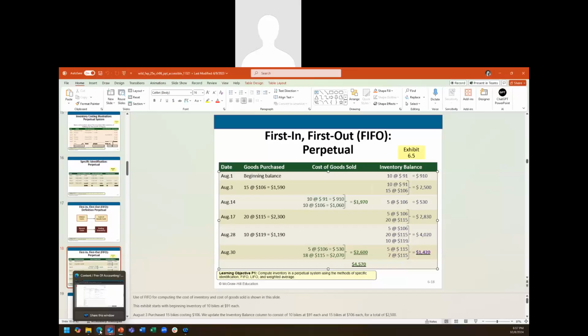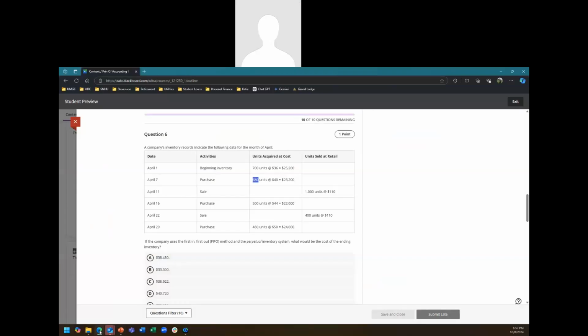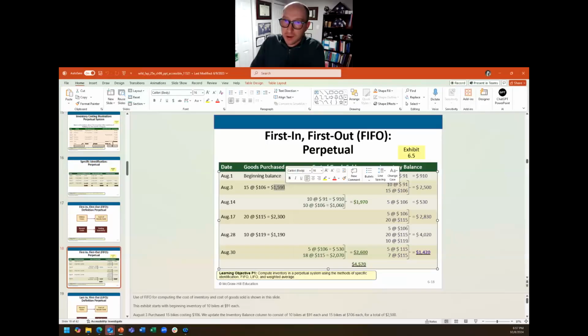Is the second purchase the 2,500? Yes. Okay. Yep. Well, I'm sorry. The second purchase is the 1,590. Because we started with the 910. We purchased 1,590 worth. 15 bikes at 106. So 15 bikes at 106, we just add that to our previous balance of 910.